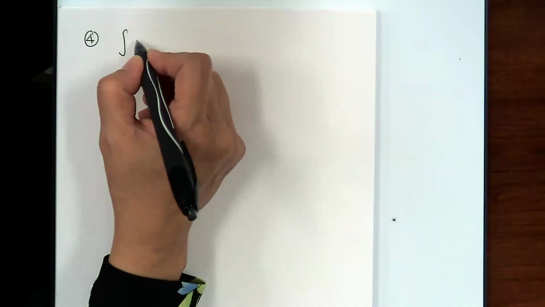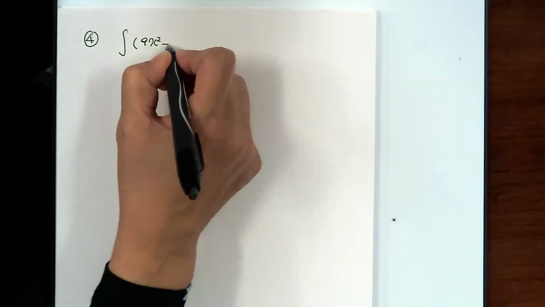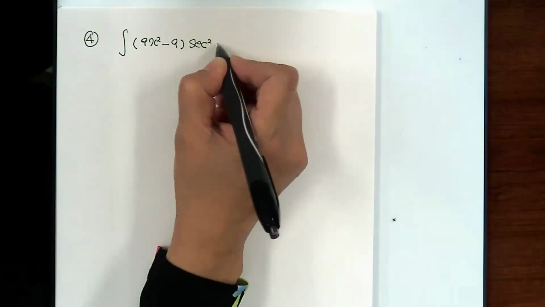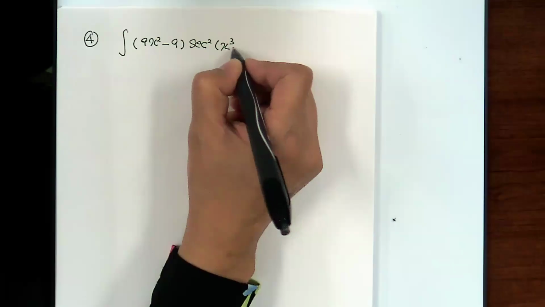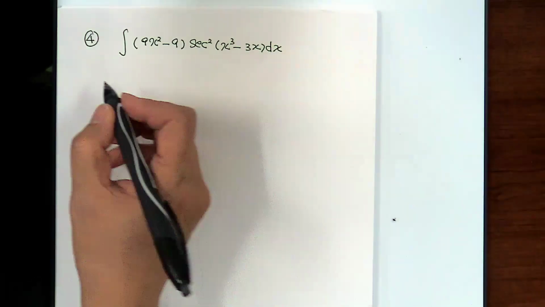We have the integration of (9x squared minus 9) times secant squared of (x cubed minus 3x) dx.